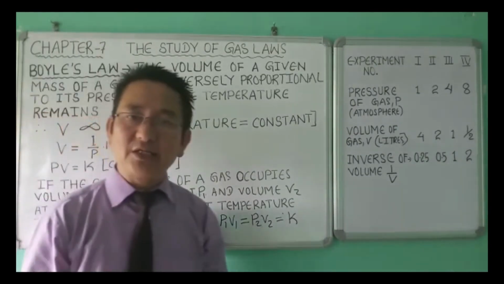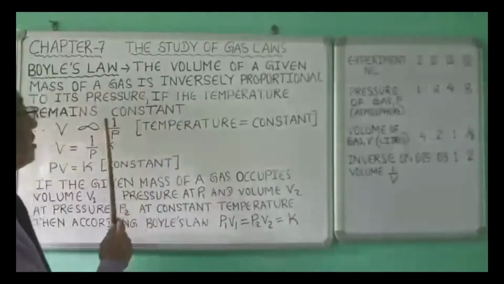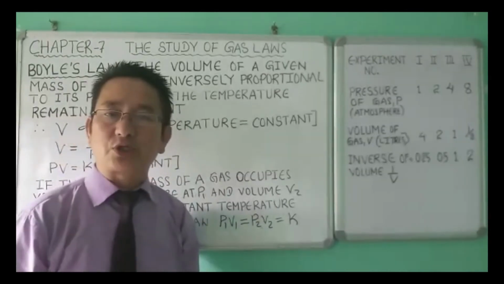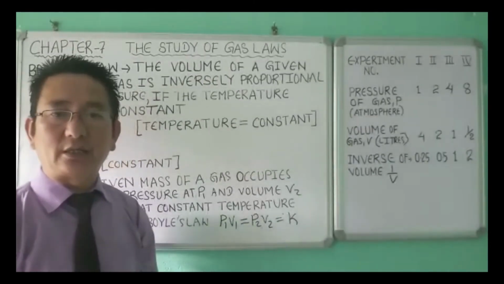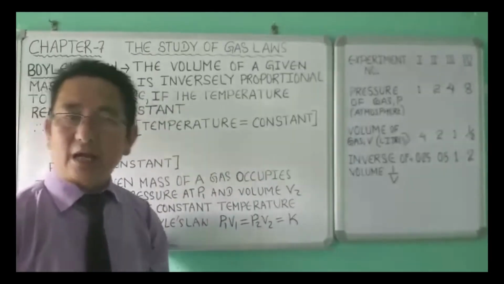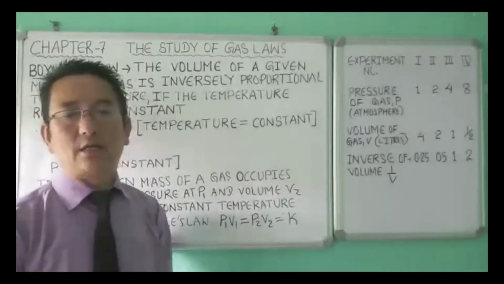The next explanation of Boyle's law. According to Boyle's law, the volume of the given mass of dry gas is inversely proportional to its pressure when temperature remains constant. The relationship between volume and pressure can be explained more conveniently by equations and numbers.